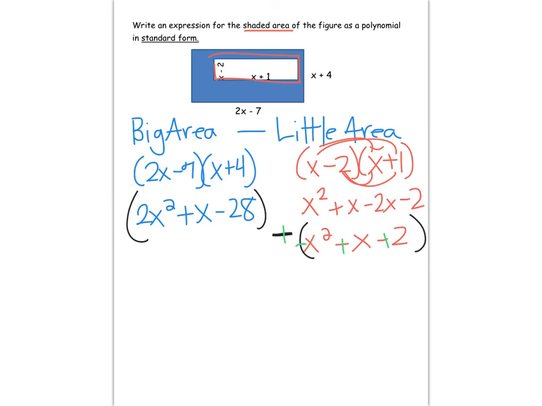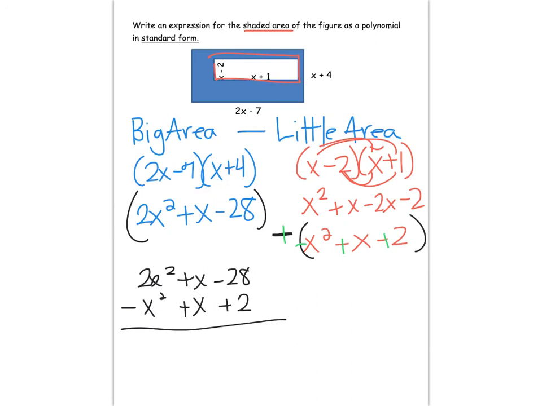So I have to do my 2x squared plus x minus 28. And then if I put these underneath it, I have a negative x squared, a positive x, and a positive 2 as my subtraction problem.